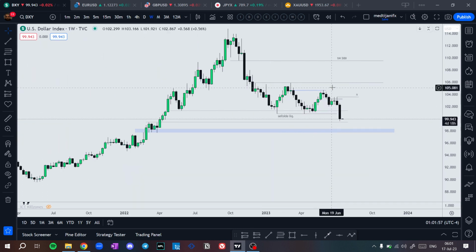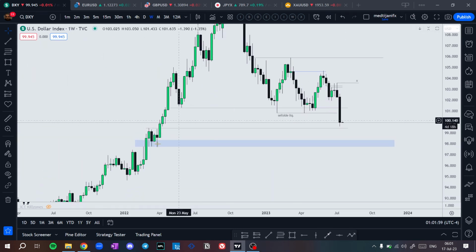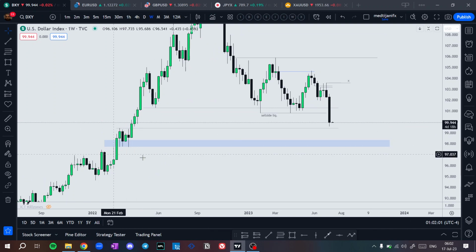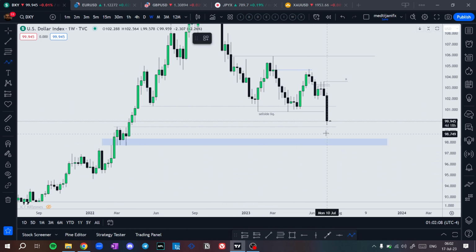On the weekly time frame, what we see is a consolidation here, and we have equal lows below it, right? So I'm expecting price could do something like this, check these equal lows, then we have another consolidation with equal lows here.